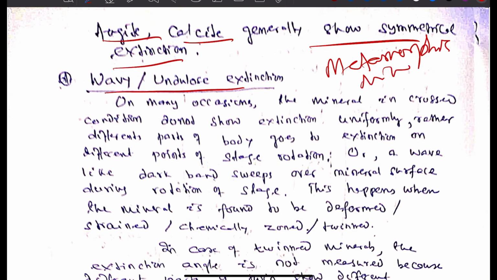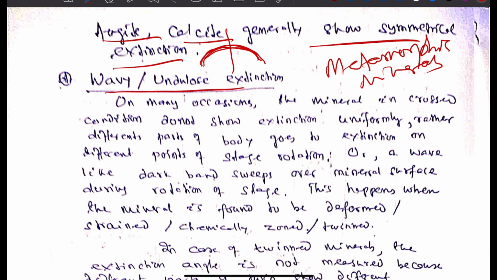Metamorphic minerals, or minerals which have been strained, whose atomic structure has been bent, atomic planes have been bent. In that case, when the stage is being rotated, all parts of the mineral section will not go to extinction at the same time.